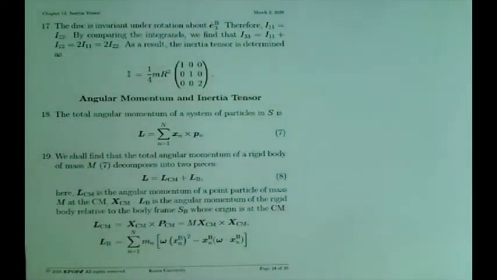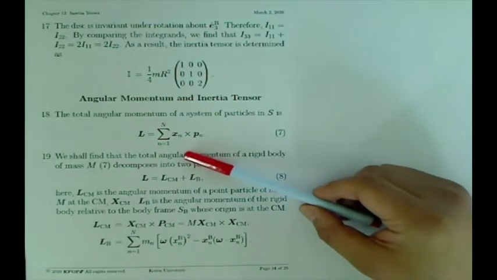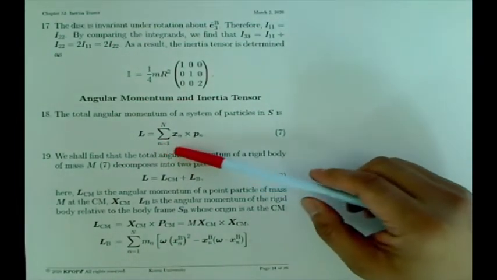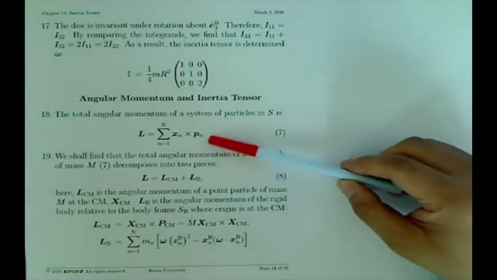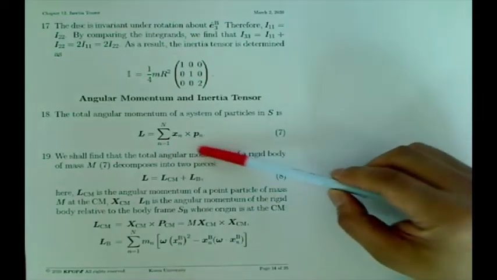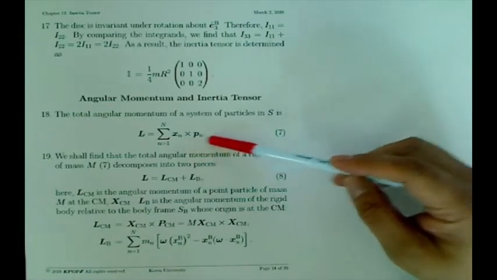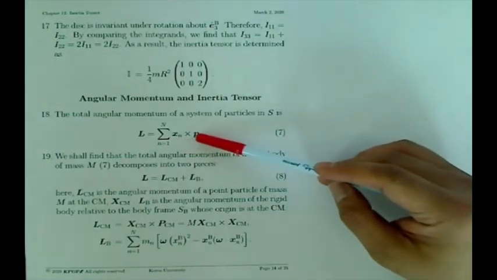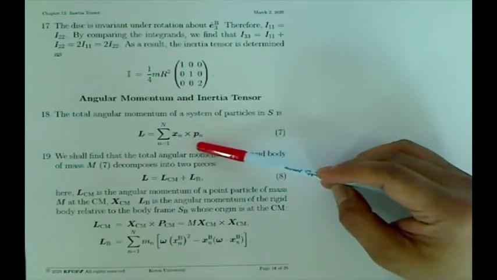So let us consider the relationship between the inertia tensor and orbital angular momentum. The orbital angular momentum of a system of particles can be computed by the position cross the linear momentum, summed over all the particles constituting the rigid body.